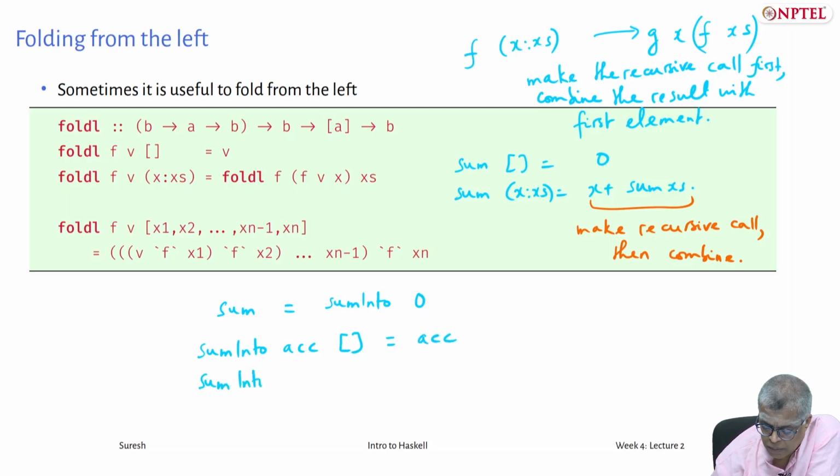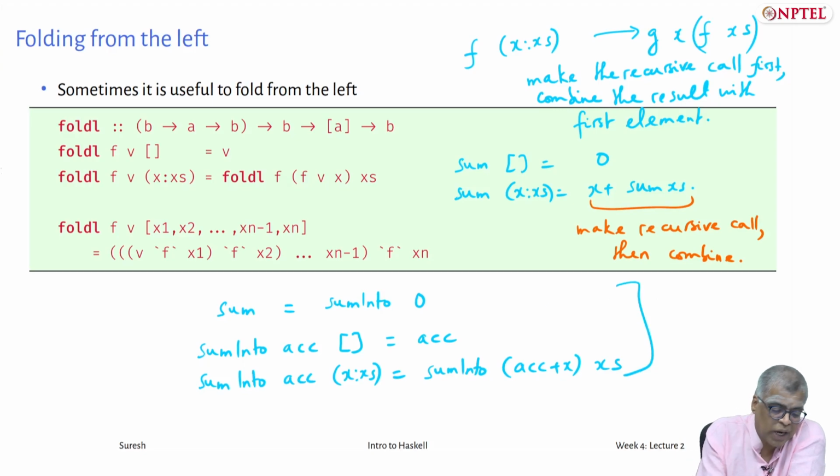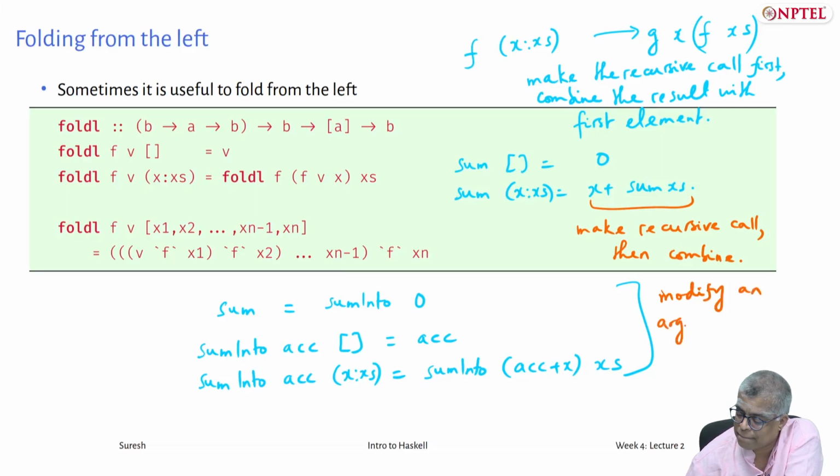If I want to sum x colon xs into the accumulator, that is nothing but modifying the accumulator first and then summing xs into the modified accumulator. So this pattern you can think of as: modify an argument, the accumulator, and then make a recursive call.